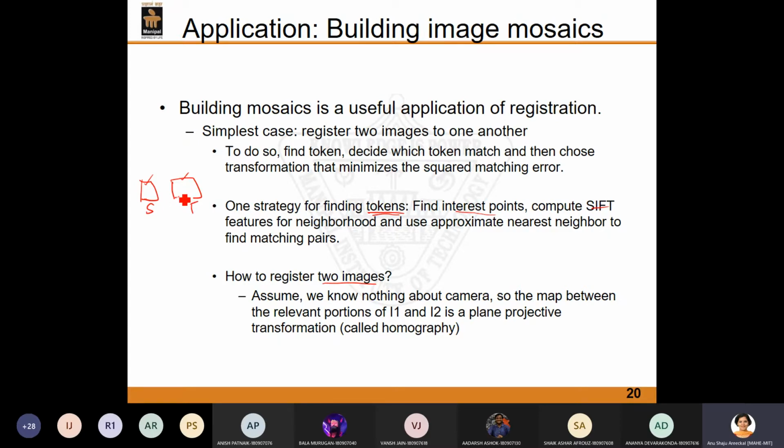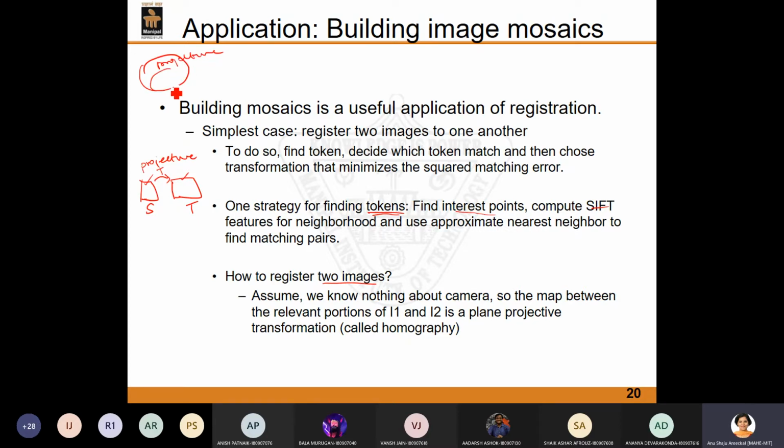Now we do not know what kind of transformation this is. We cannot always say that it is a rigid registration. If we are not sure whether the object is rigid or not, in the broader sense, if you're not sure of the type of transformation, if it's a Euclidean transformation, we assume it to be a projective transformation, because as we know, projective transformation forms the bigger picture.